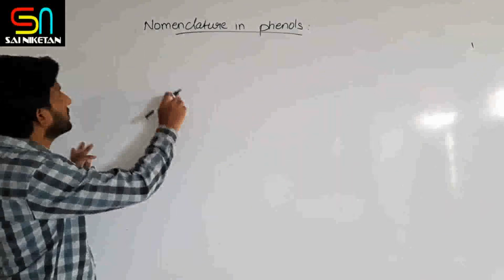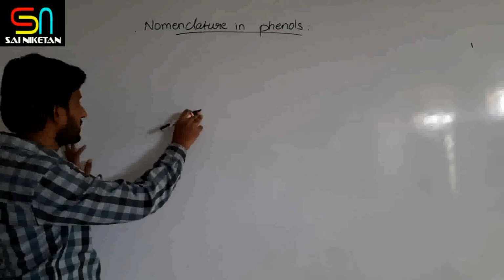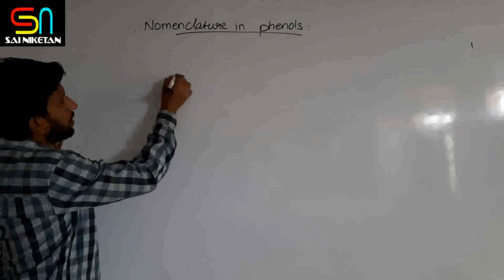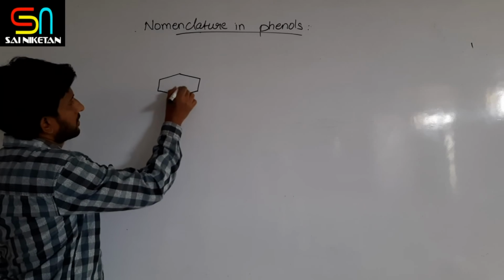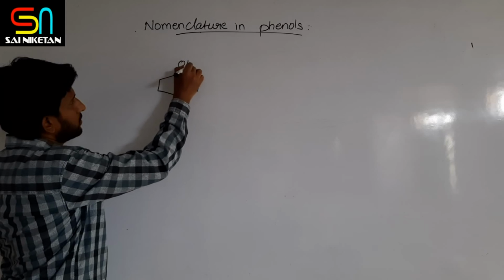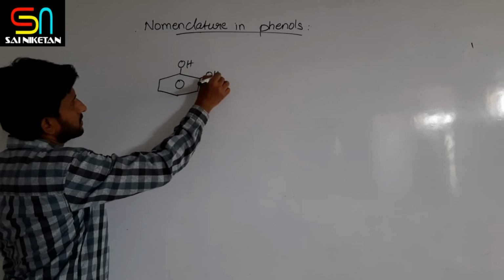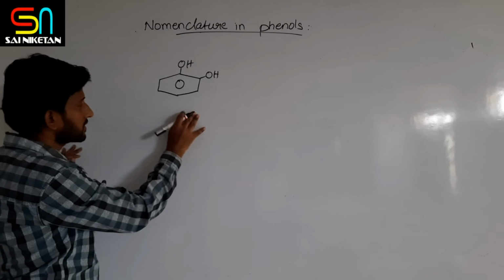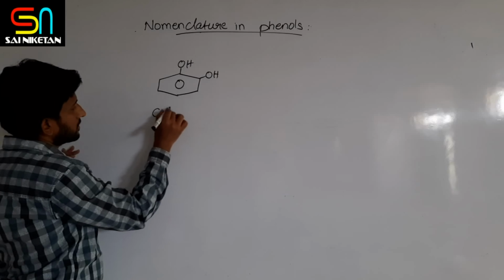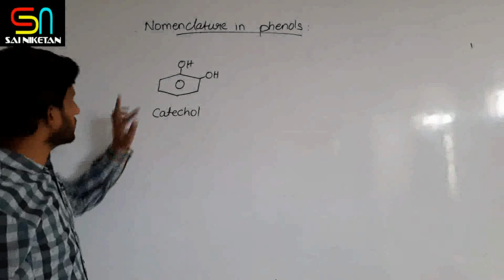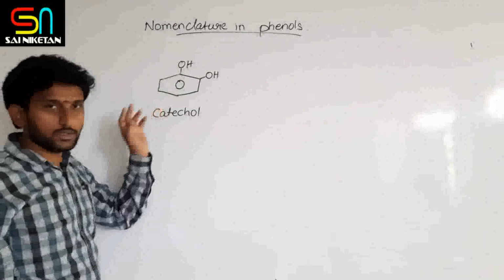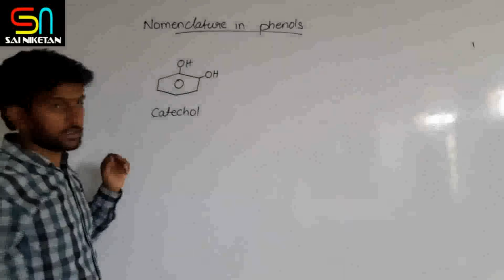Next, we will see other common names in phenols. One compound in which two OH groups are adjacent to each other on the benzene ring has the common name catechol.